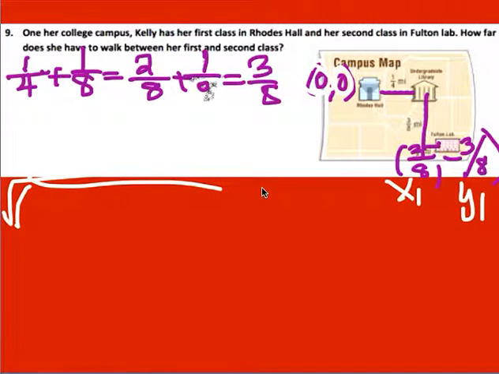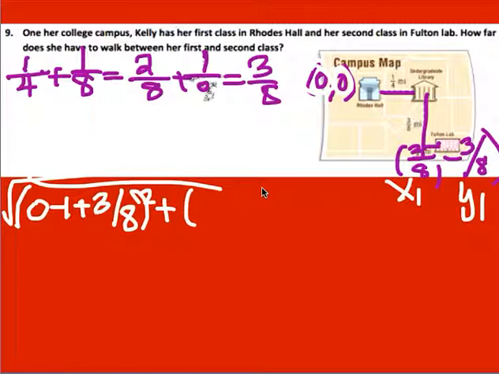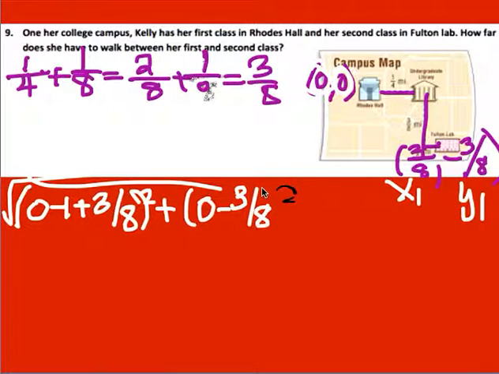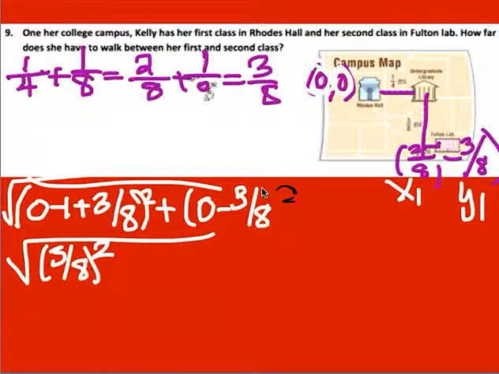So I'll have y2 minus y1, that's going to become plus a positive, plus x2 minus x1. So then what I end up getting is the square root of (3/8) squared plus (-3/8) squared.